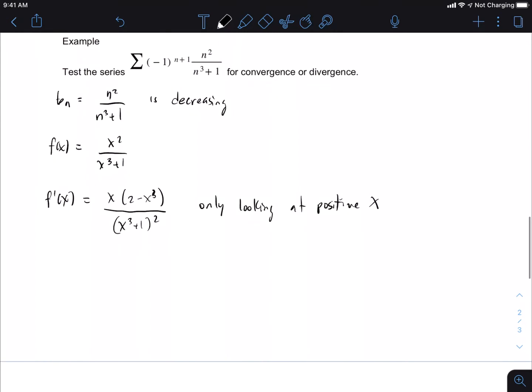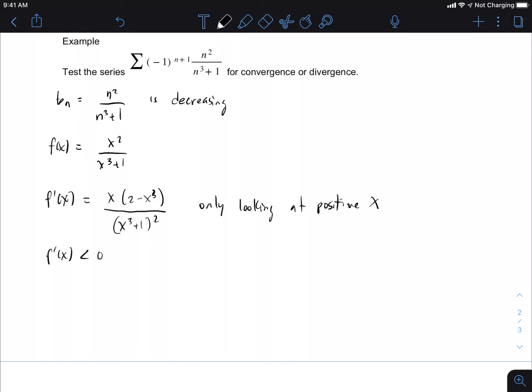So we want f prime to be less than 0. When does that happen? The reason I'm looking at this is that the derivative gives a slope. If the slope is positive, it's increasing in value. If the slope is negative, then it's decreasing in value. We want it to be decreasing so that we can determine if we're getting something that's going to eventually converge.